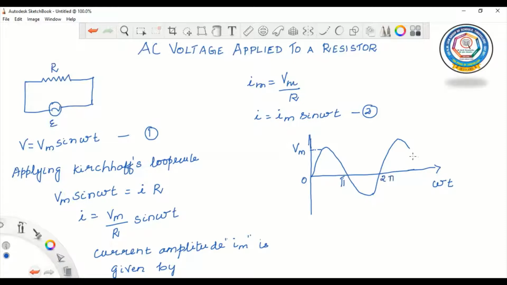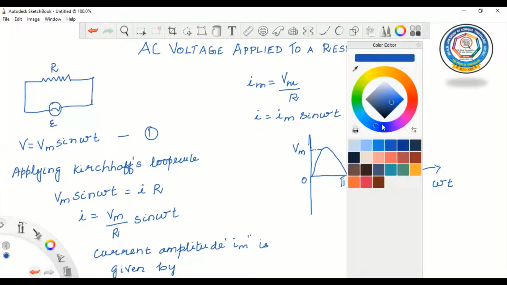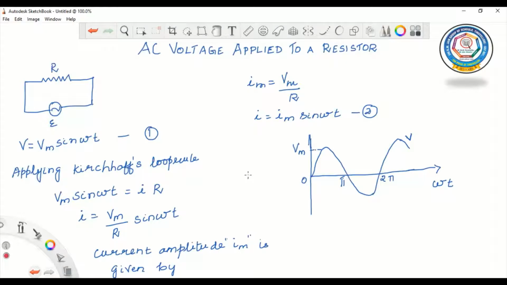Okay, likewise we can write. So actually this point will be V. This is V. Okay. So now let me draw current in another color so that it will be easy for you to distinguish, right? So, current.